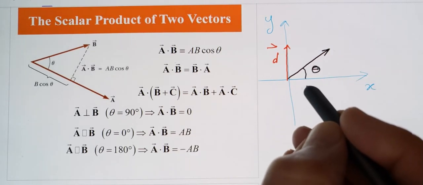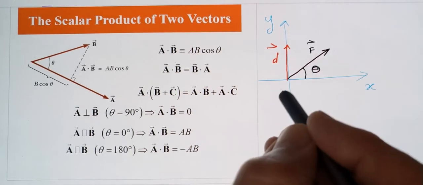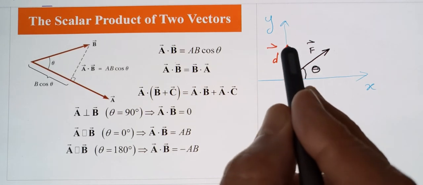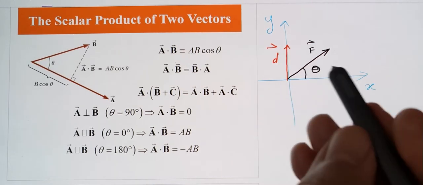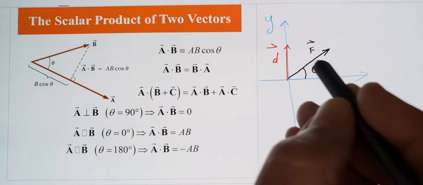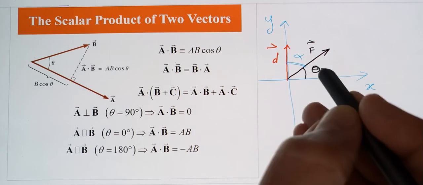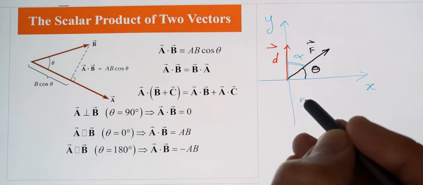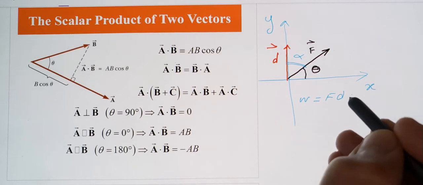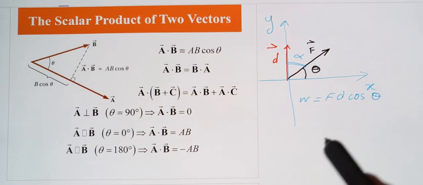In this situation, it will be sine theta that will do the work. But when you have this situation, we will consider this angle. We call it alpha, and then work is equal to F d cosine alpha.